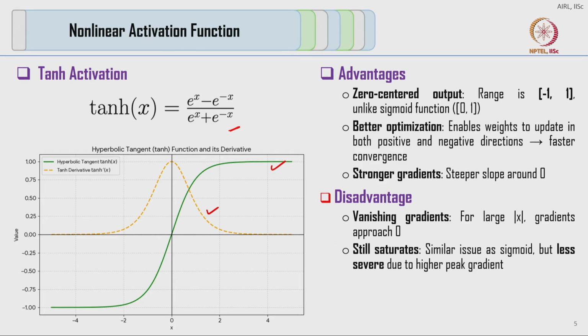Now there are certain advantages of tanh compared to the previous activation function: it is zero centered. Essentially its midpoint lies around the origin, and similar to the sigmoid activation function, it has better optimization because the gradient could be in both the positive and negative directions.